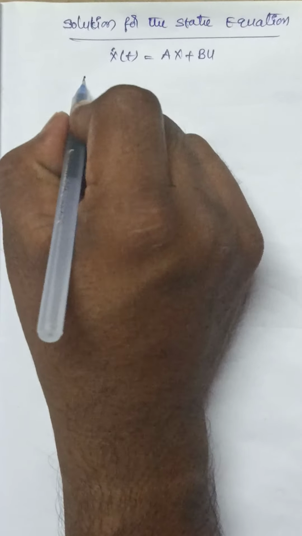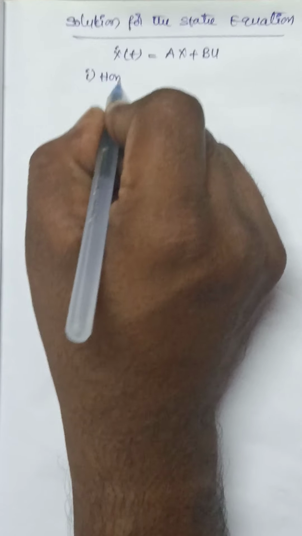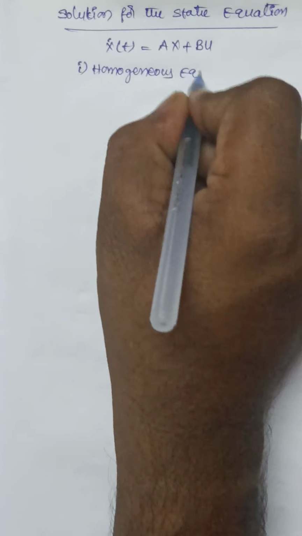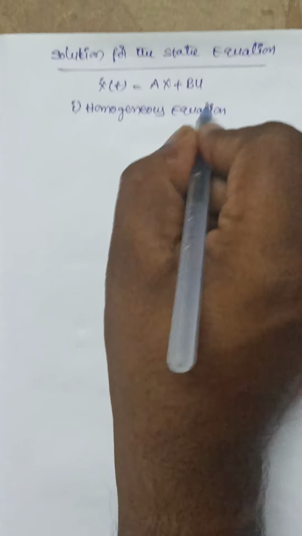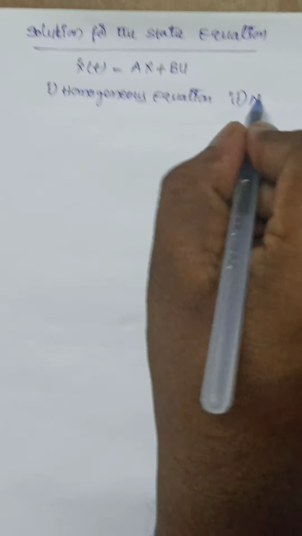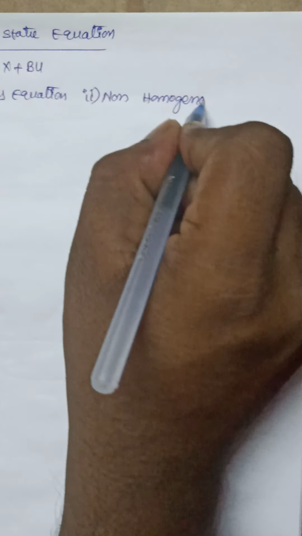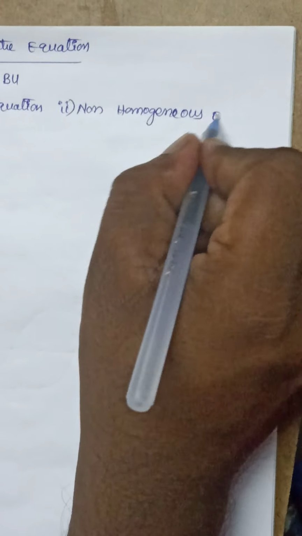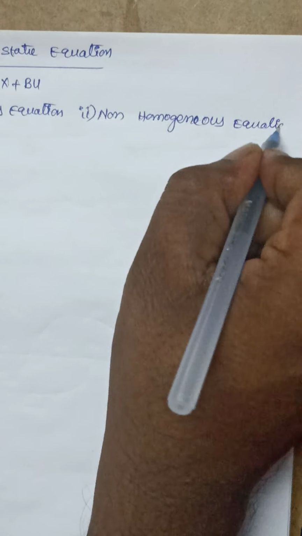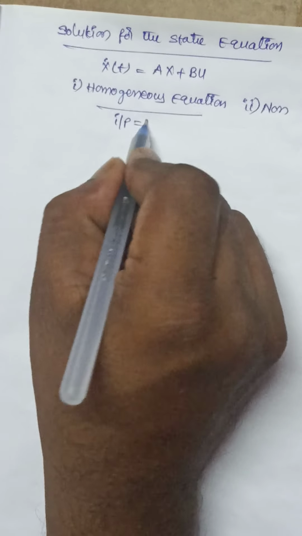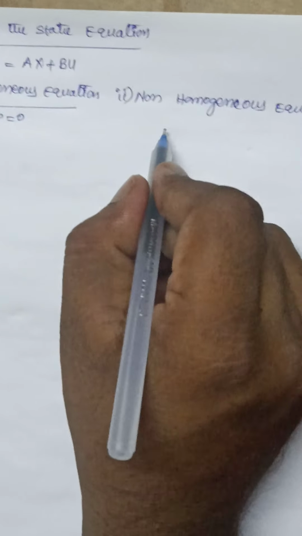One is homogeneous equation, and another one is non-homogeneous equation. In homogeneous equation the input is 0, but in non-homogeneous equation input is not equal to 0.